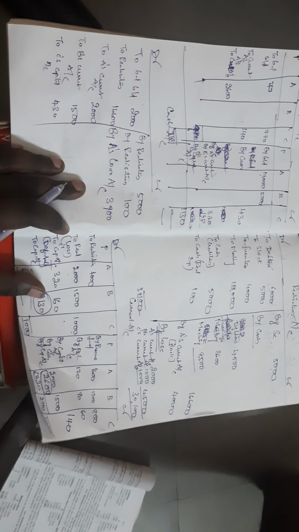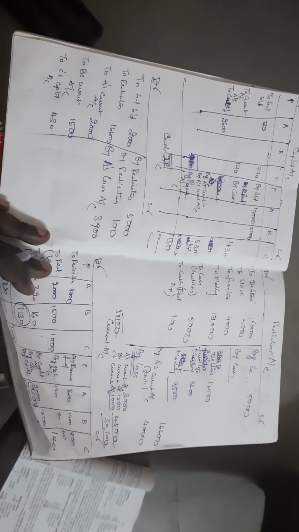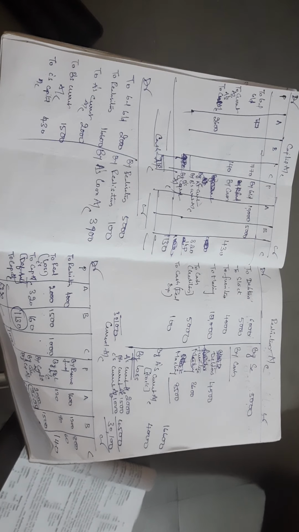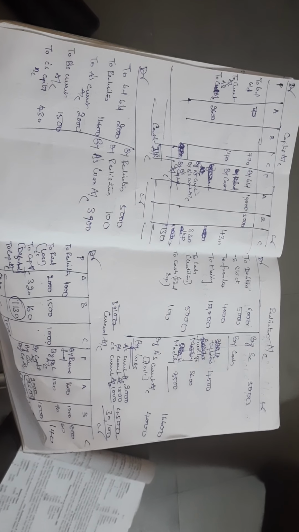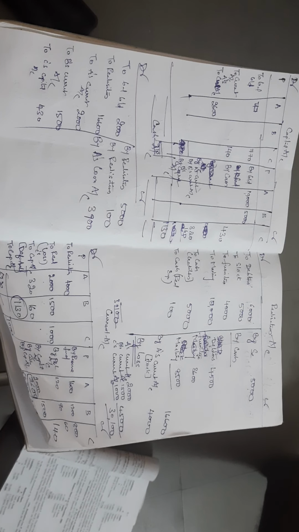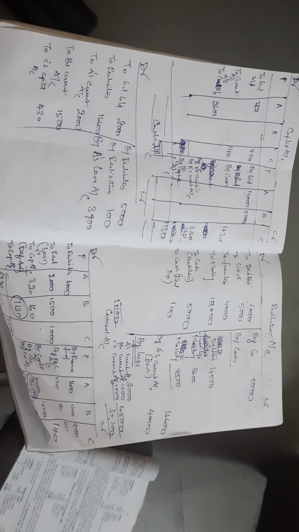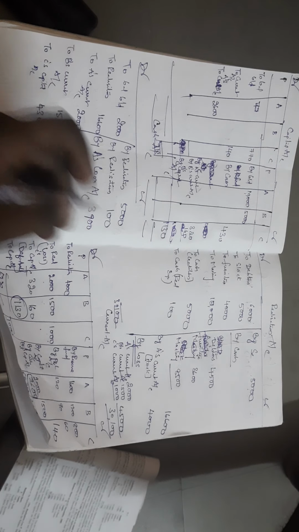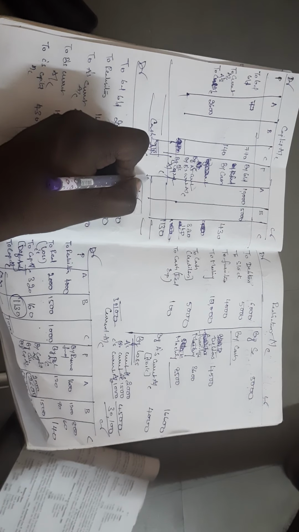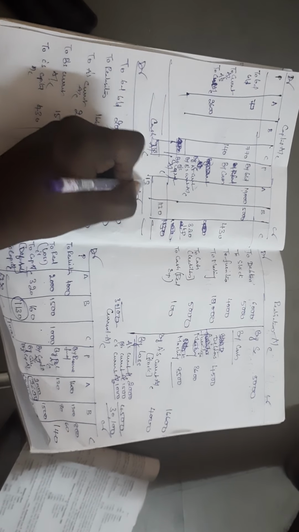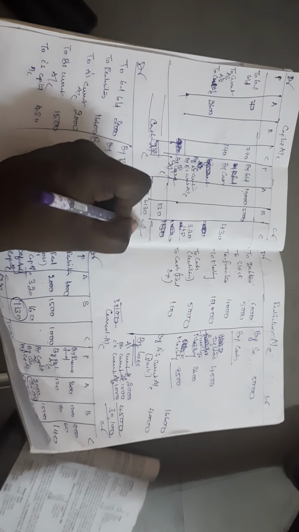Now we have to close the capital accounts of A and B. It is a little bit clumsy, but try to understand. Both are having credit balance only. This is 10,000 and B is 6130.